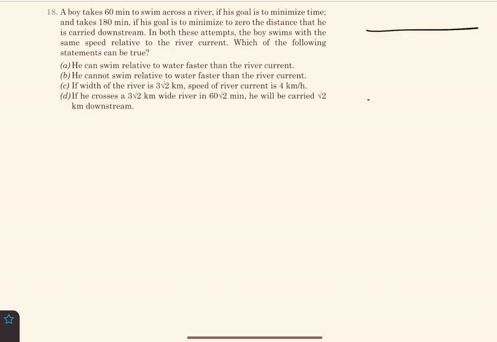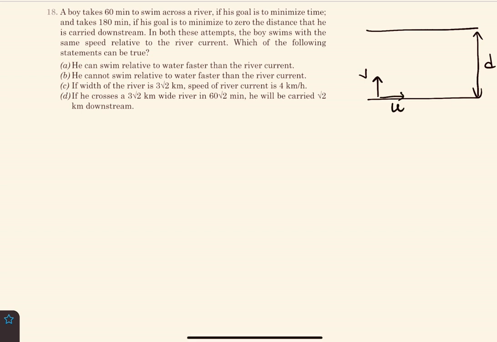So let's imagine this as the river. It has some width, let's call it d. Now, to cross the river in the minimum possible time, his velocity relative to water must be like this, and the velocity of the river, let's call it u, would be like this.